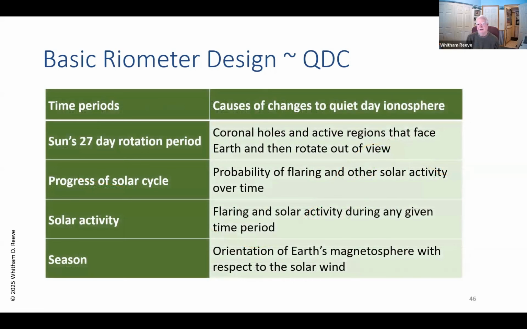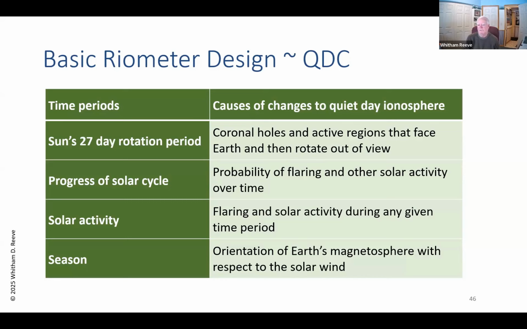So there are a lot of things that affect the quiet day curve. If you have, for example, the sun's 27-day rotation period, you'll have maybe coronal holes that are persistent that go through several rotations. And each time one of those comes into view of the Earth, then you're going to have problems, magnetic disturbances caused by that.